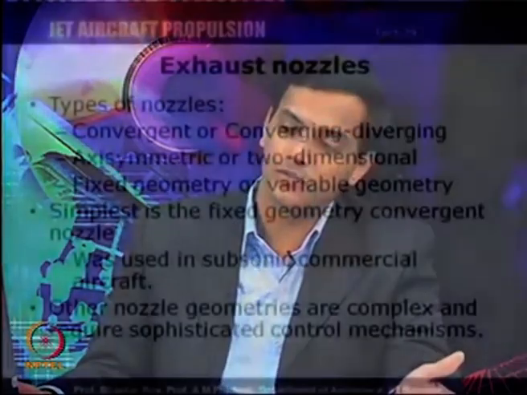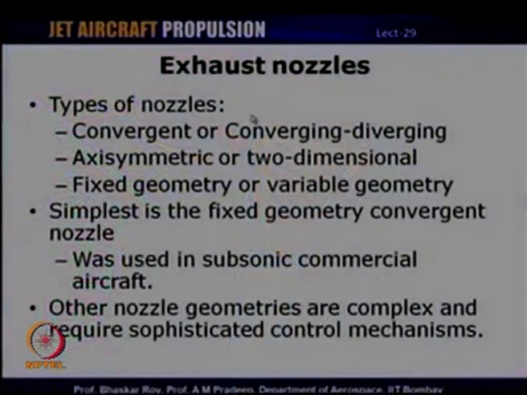So, the types of nozzles would be convergent or convergent divergent, or it could be axisymmetric or two dimensional, could be fixed geometry or variable geometry. The simplest of these different types is the fixed geometry convergent type of nozzle. I have already shown the schematic of that.